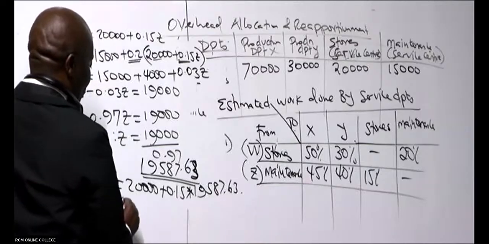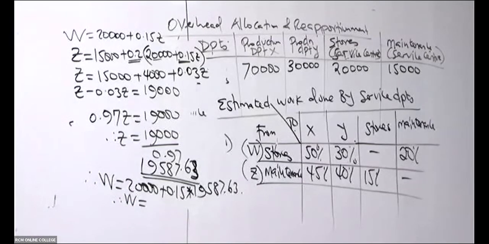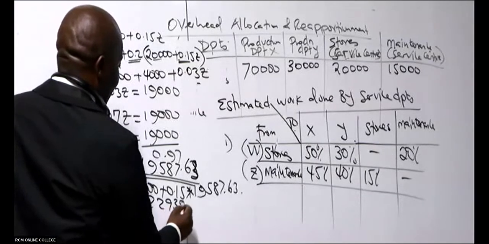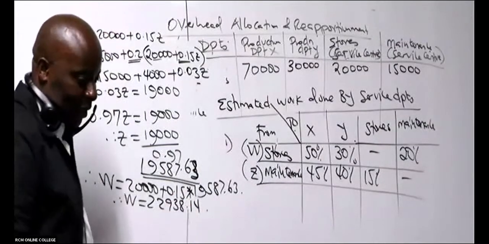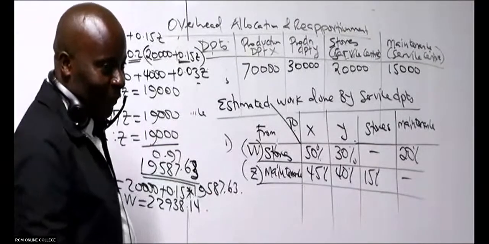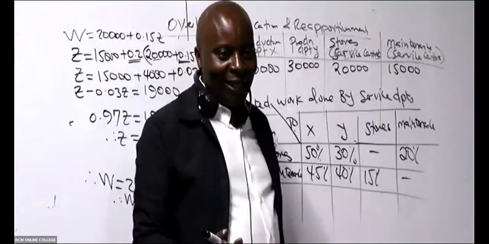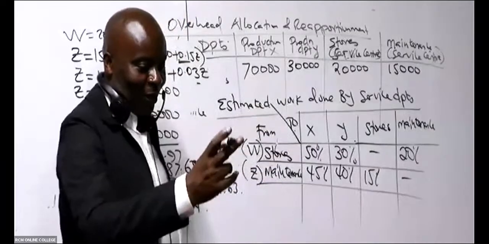So is there somebody going to give me this W answer? 22,938.14, right? The online ninjas have also said 22,938.14.